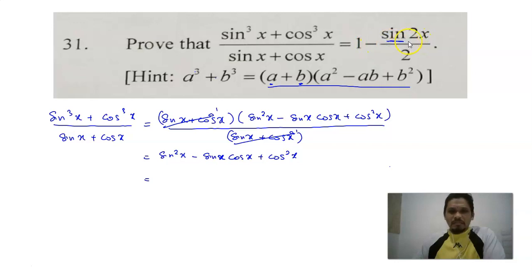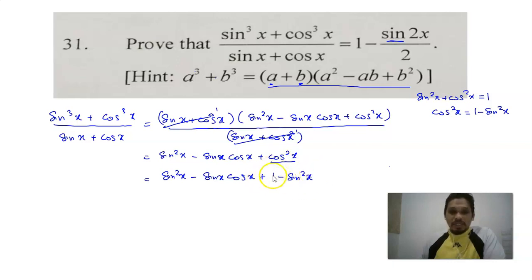Before that, let's change this term of cos square x. Sine square x plus cos square x equals 1, then cos square x equals 1 minus sine square x.